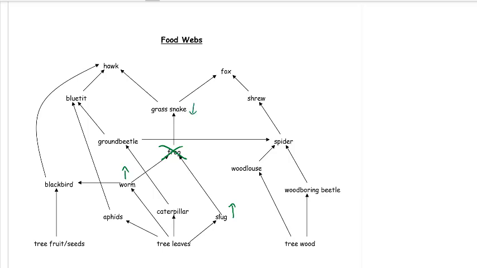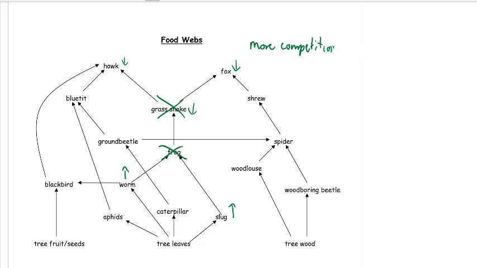But there might actually be less grass snakes than normal. And if the grass snakes don't eat anything else, they might too die out. Which as a result might mean that there could be less hawks and less foxes because they would have less food. And because there's less food, there would be more competition.